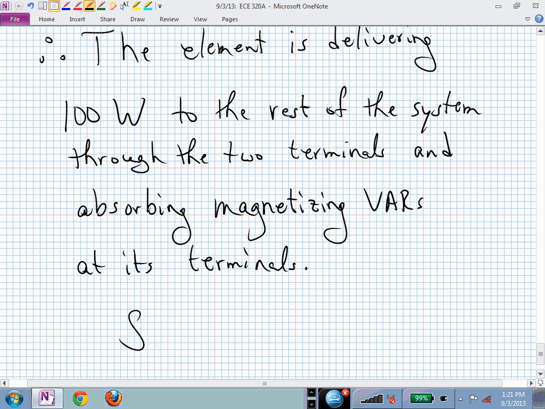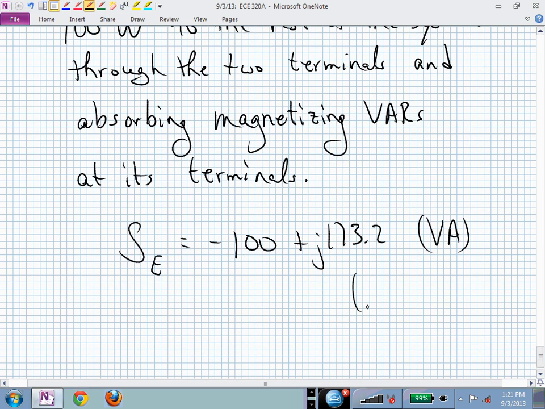The complex power then of that element, S sub E, is minus 100 plus J 173.2 volt amperes absorbed. And now you should be able to work at least your first problem on your homework if you haven't already, based on that example. Yes?